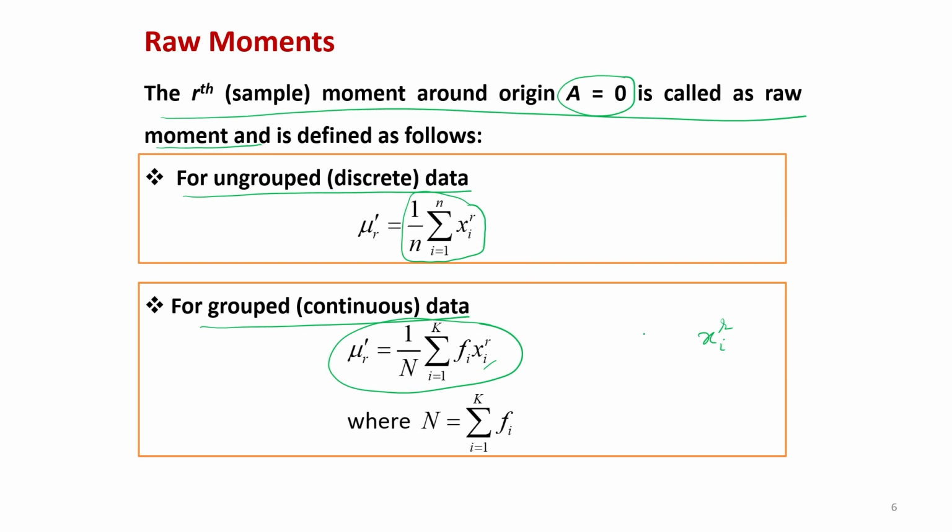So you write summation fi xi raised to the power of r divided by summation fi in the case of grouped data, and in the case of ungrouped data you simply find the arithmetic mean of the values of xi raised to the power of r. So this is how we define the raw moments.